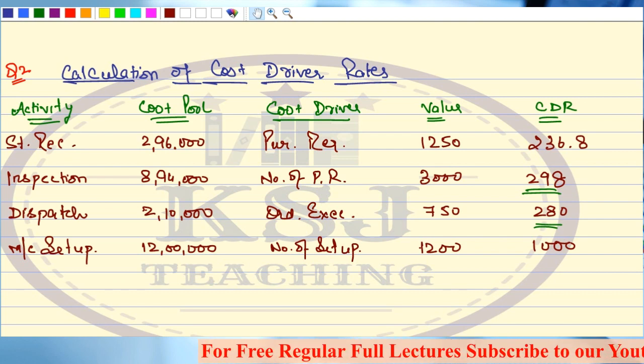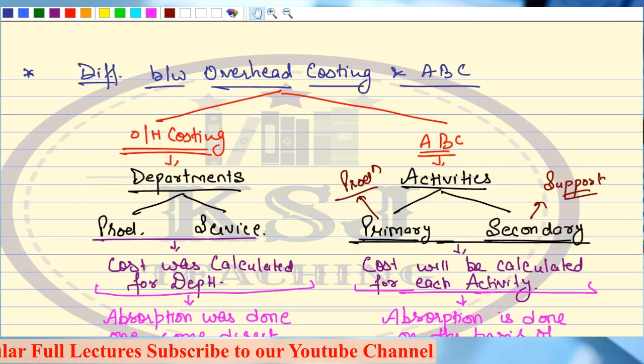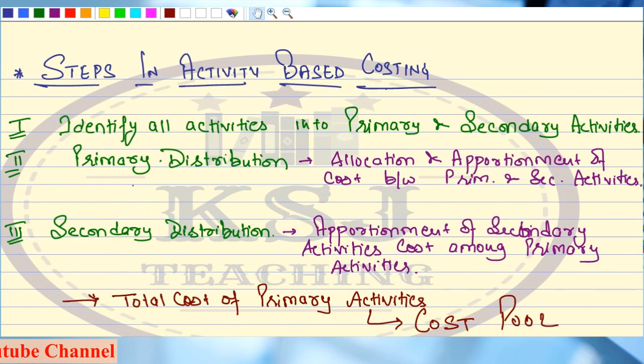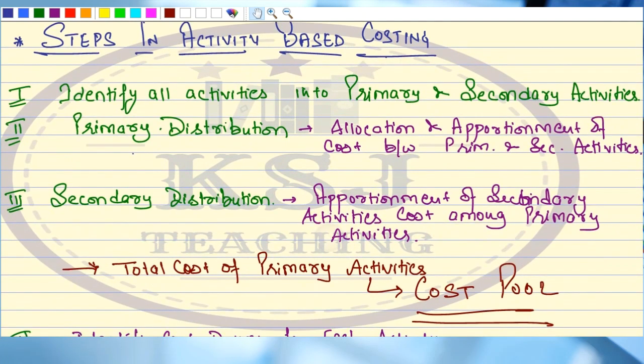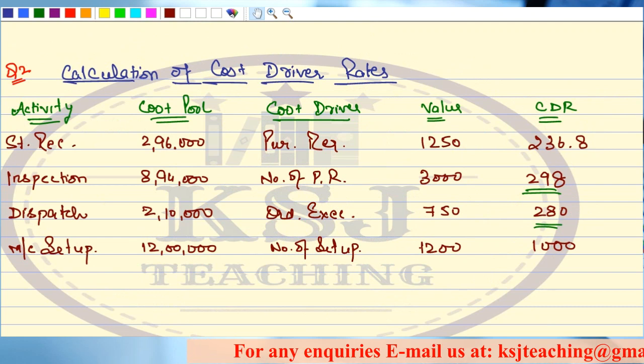This is a very small chapter, as I told you, right? In this lecture itself we are going to wind it up. The only important thing is that you need to remember the various steps, how to solve the question, right? Steps in activity based costing, this is very important for you to remember. Clear? And it becomes more clear when we are solving the practical questions.